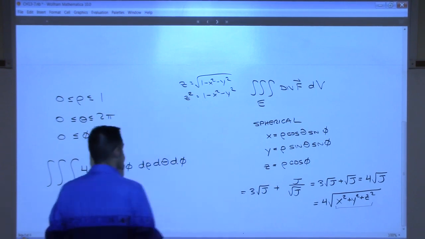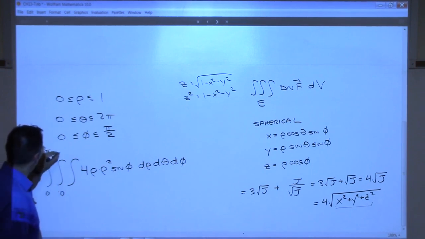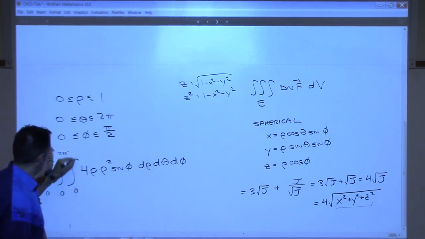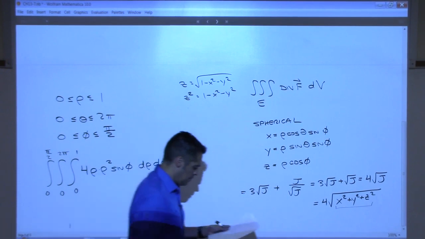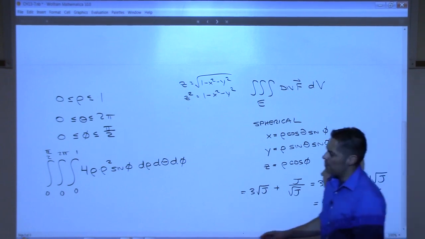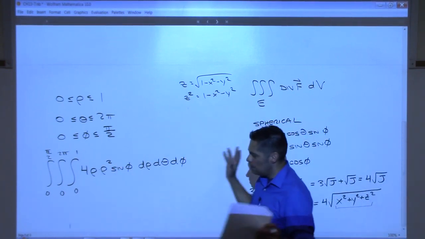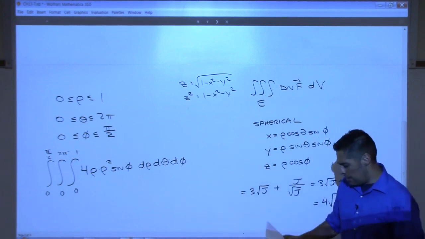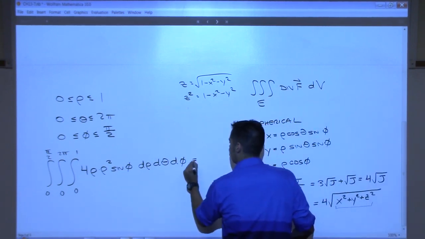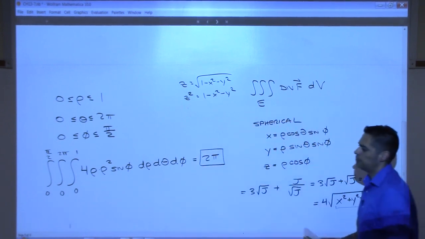And you've got 0 to pi over 2, and 0 to 2 pi, and 0 to 1. You could split this up because your rho's are separated from your phi's, and so the answer here is 2 pi. Nice clean answer.